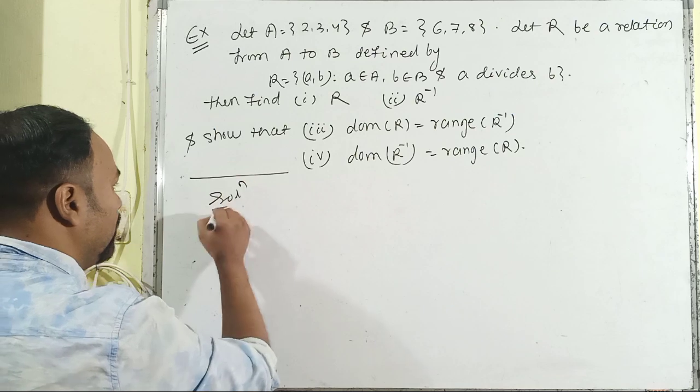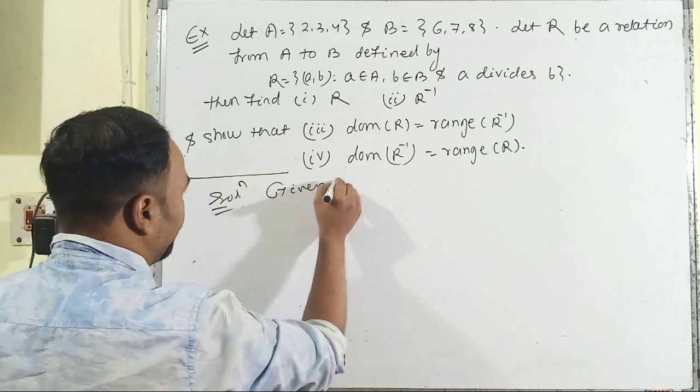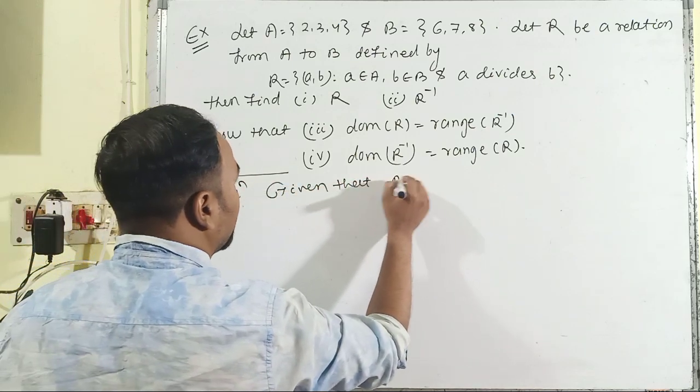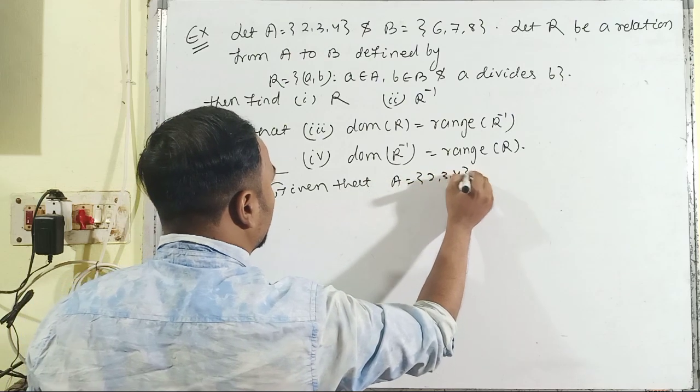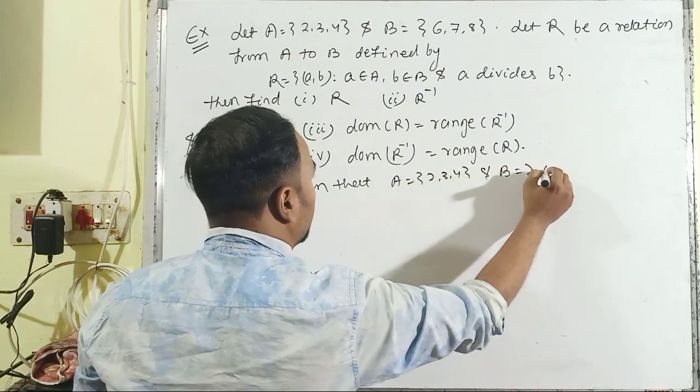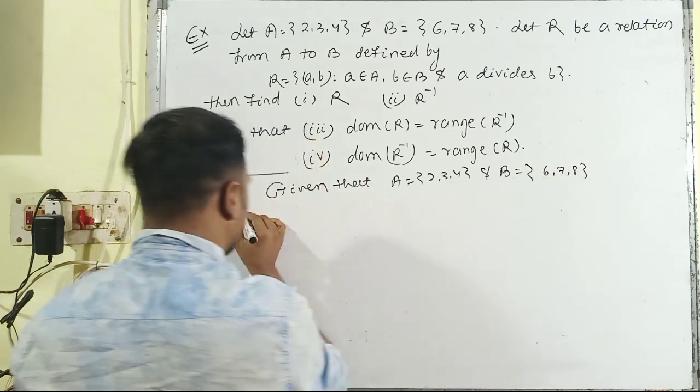First, given that A set is equal to the set of elements 2, 3, 4 and B set is equal to the set of elements 7, 8.